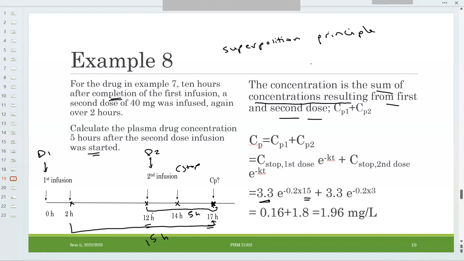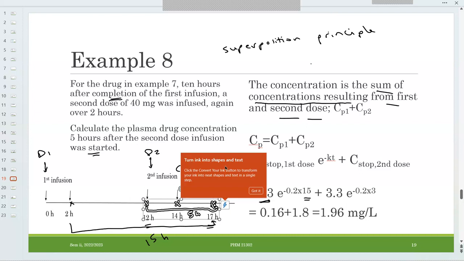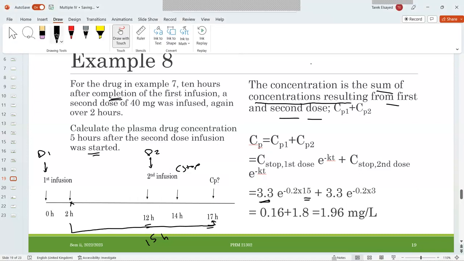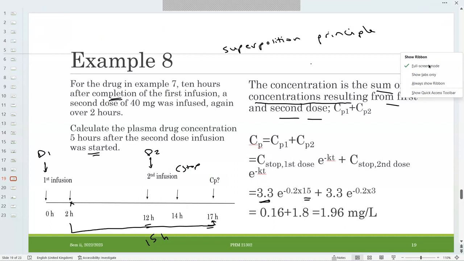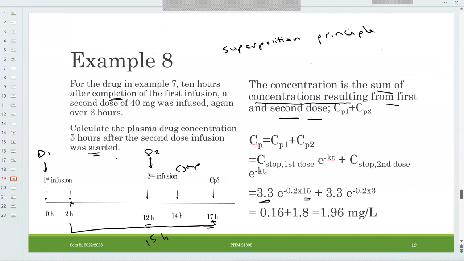Sorry, for the second infusion, it's counted since it was stopped, not from the start of the infusion. So from 14 up to 17 hours, this is 3 hours only, right?